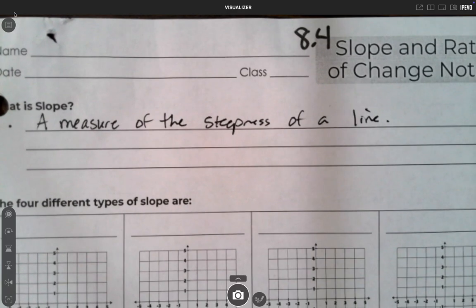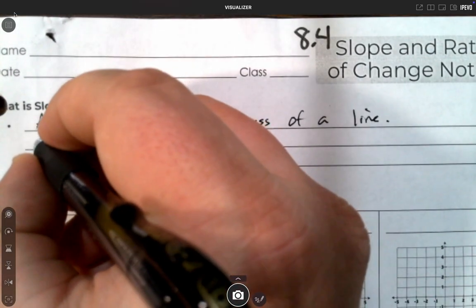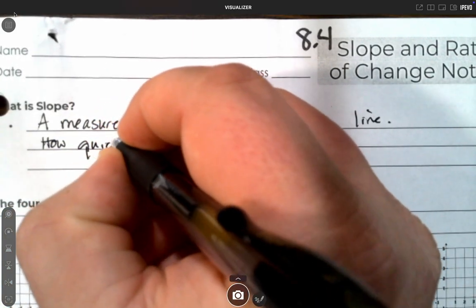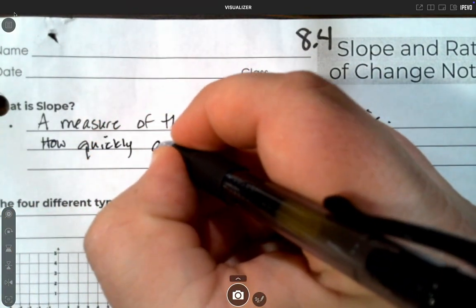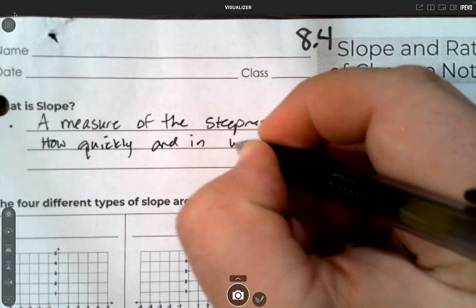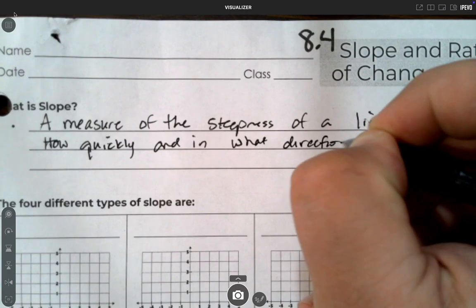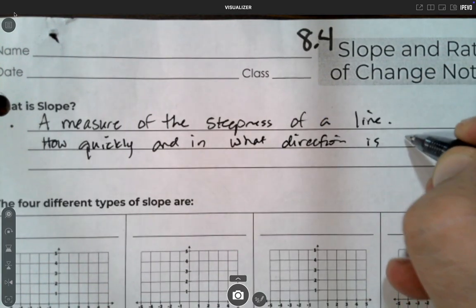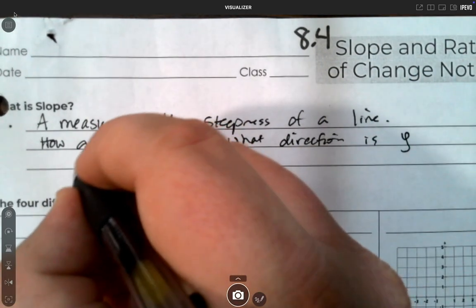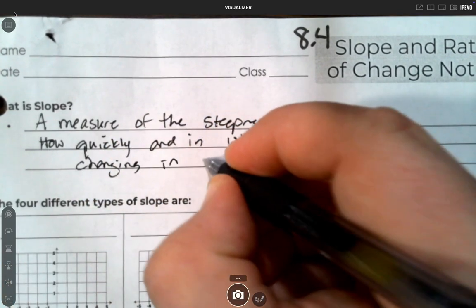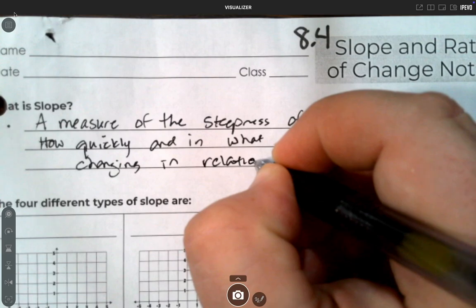Another way it can be defined is how quickly and in what direction is y changing in relation to x.